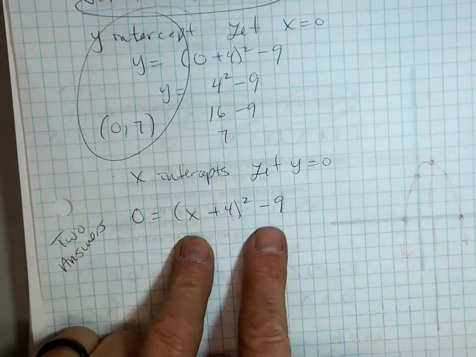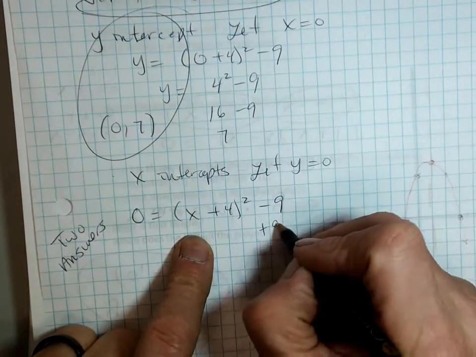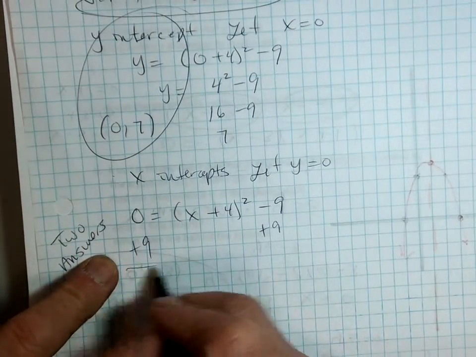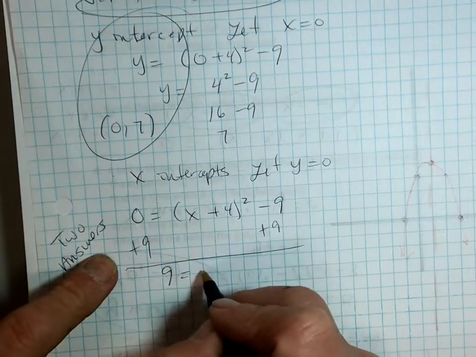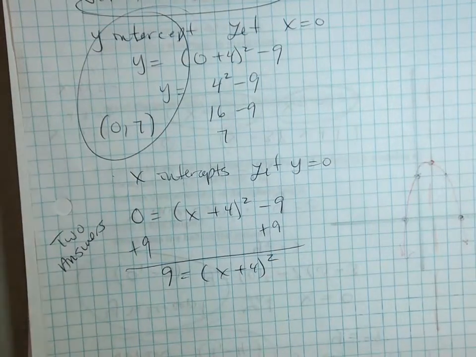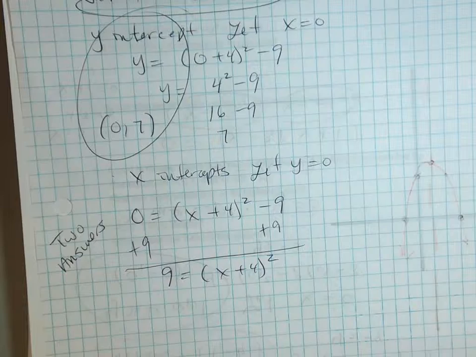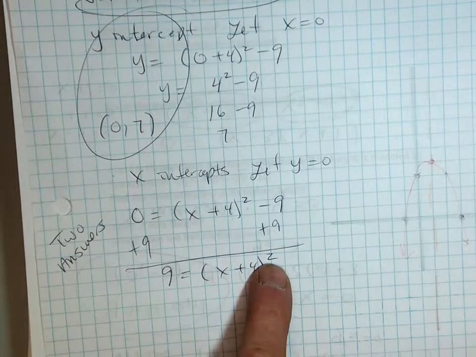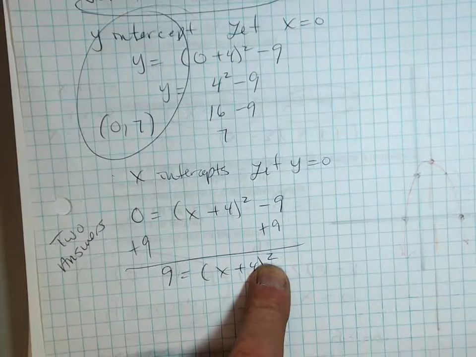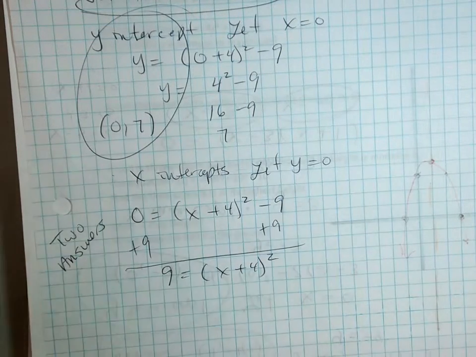Let's solve. First thing I'm going to do is add 9 to both sides. That'll give me 9 equals (x plus 4) squared. Now here's the tricky part. If I want to solve for x, I have to undo the square. I undo the square by doing the opposite, so the opposite of square would be a square root.